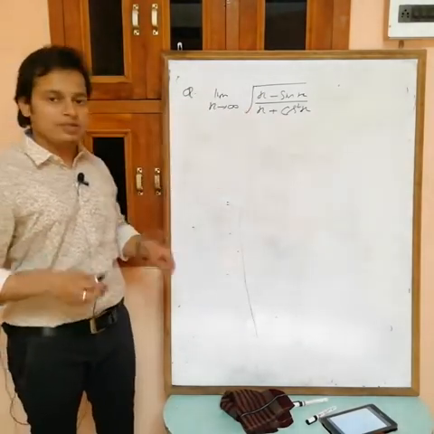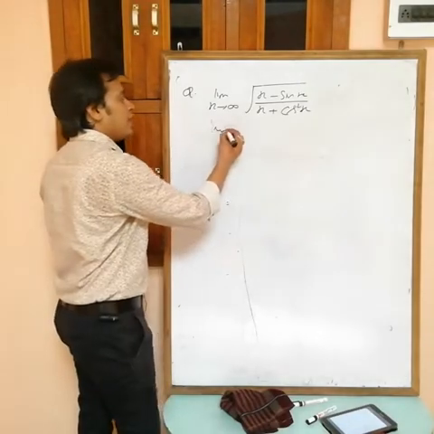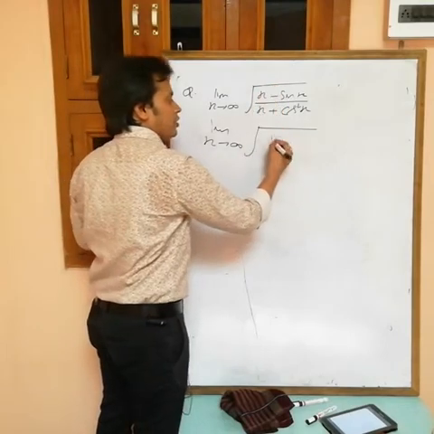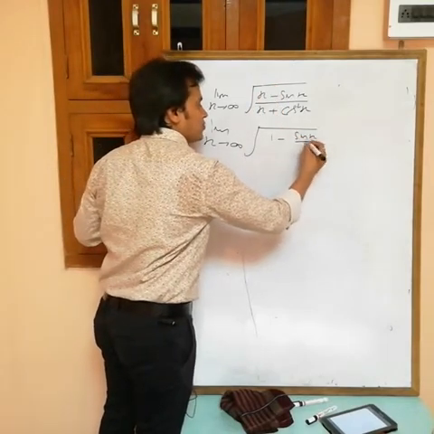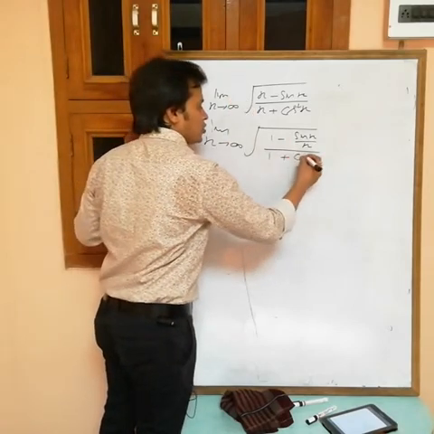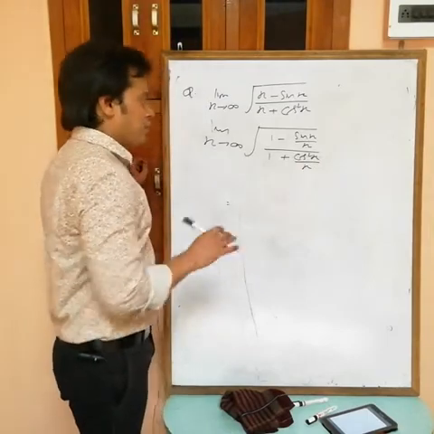Then what we have to do is same thing, just take the highest power of x common. Limit x tending to infinity. If you take x common, you will get 1 minus sine x by x, and 1 plus cos square x by x. Now x cancels out.